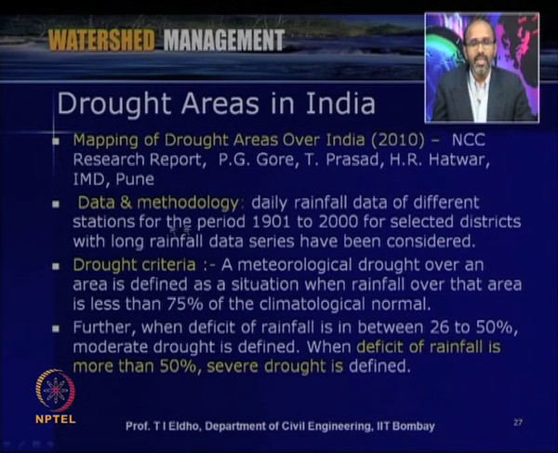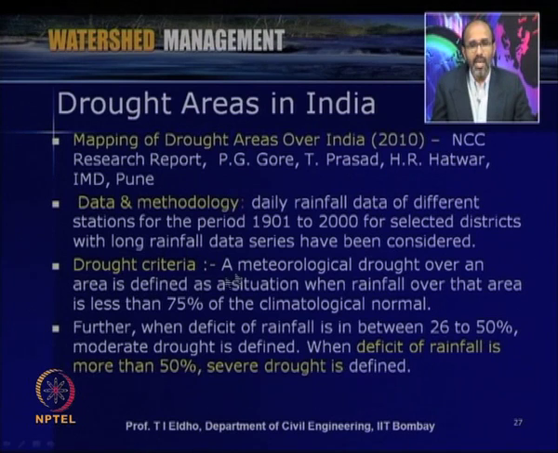They analyzed the rainfall and various other parameters like evaporation for 100 years, from 1901 to 2000, for selected districts with long rainfall data series, by this National Climate Change Research Center under the Indian Meteorology Department.